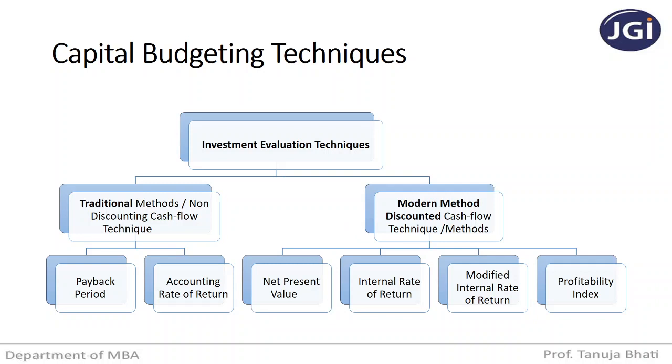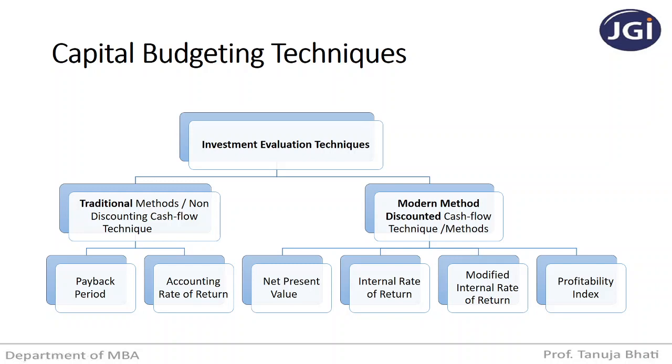Otherwise, you will reject that project, because if the outflow is more and the inflows you got are very less, and both you're comparing by bringing them to a present value. Both you're bringing under a uniform platform, the present value. So if the present value of cash inflows is more than the outflows, then you will obviously go for that particular investment proposal. Otherwise, you will think twice before investing in that particular proposal.